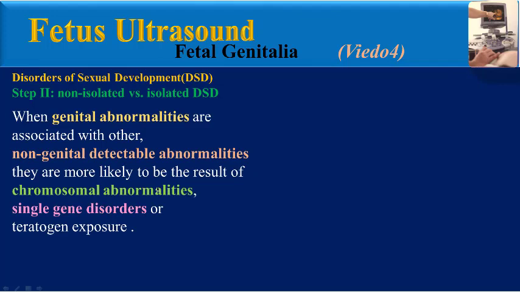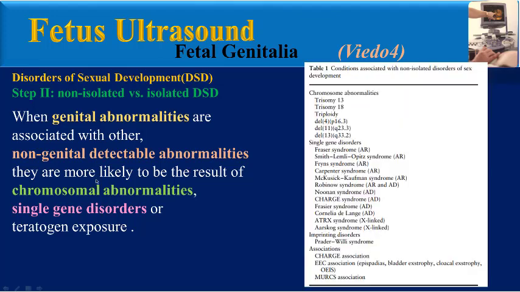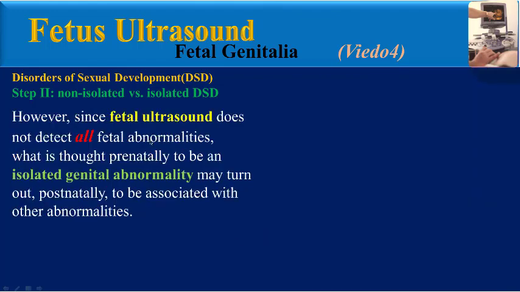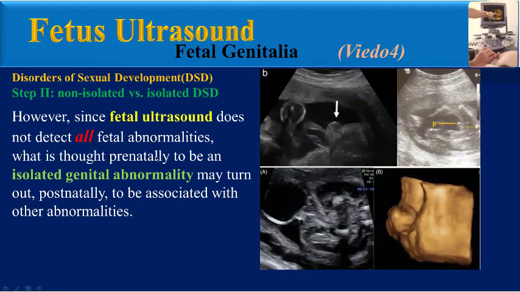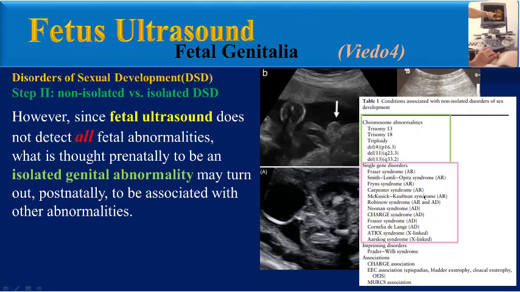When genital abnormalities are associated with other non-genital detectable abnormalities, they are more likely to be the result of chromosomal abnormalities, single gene disorders, or teratogen exposure. However, since fetal ultrasound does not detect all fetal abnormalities, what is thought prenatally to be an isolated genital abnormality may turn out postnatally to be associated with other abnormalities.